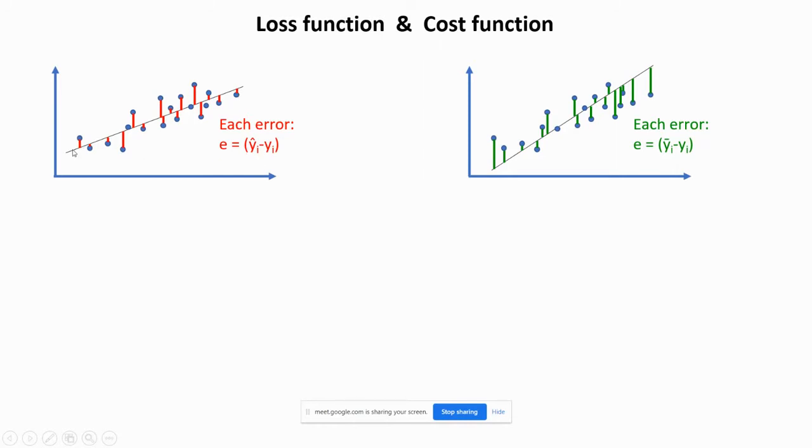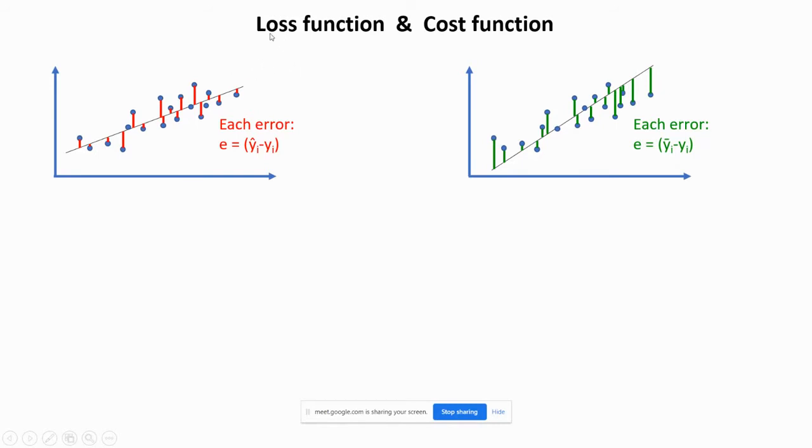Error simplistically means just the difference. But the loss function, which is again for an individual data point, is not essentially just the difference. It could be the difference, the square of the difference, the modulus of the difference, a function of that difference, or a weighted function of that difference. It could be anything, but again it is associated with each individual data point.